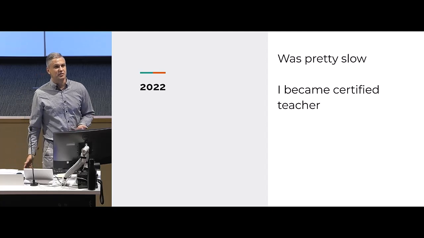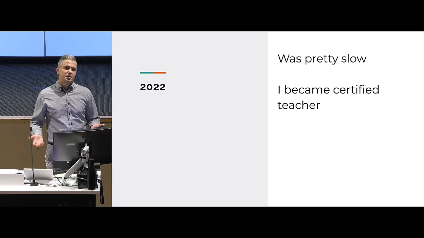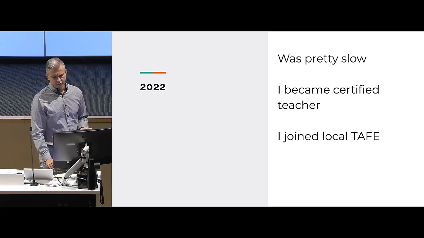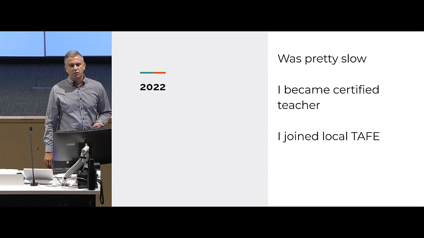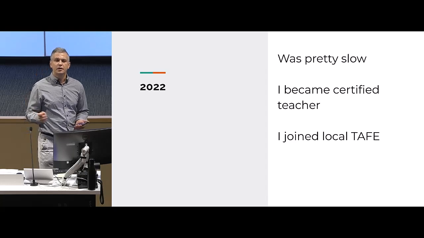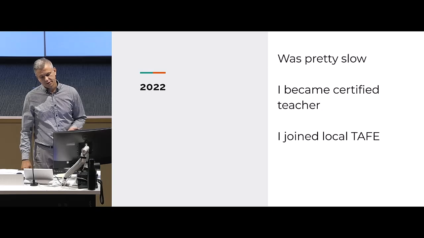So I decided to become a certified teacher after teaching about 10 years of different IT subjects, mostly open source. So I joined a local TAFE. TAFE is a college. It runs by government regulation, doesn't operate like a private college, in case you're watching from overseas.